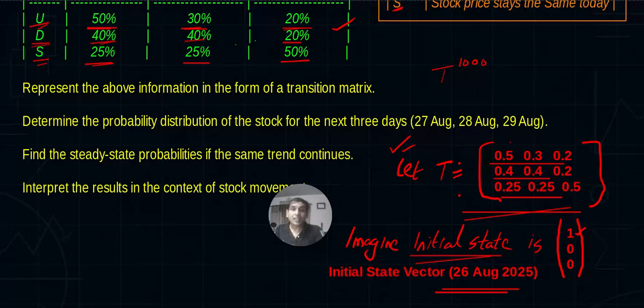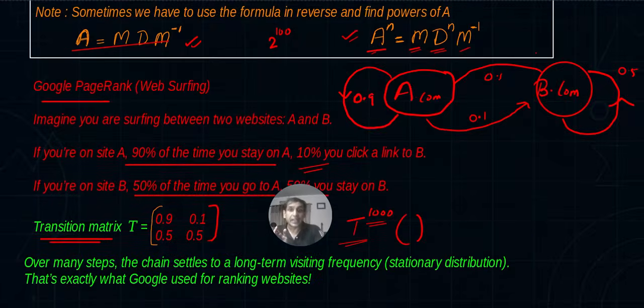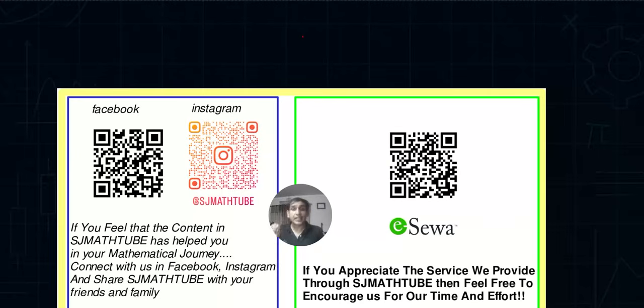Did you get the point? And when you are trying to calculate these things, our traditional method of T times T times T times T will not be good. The better method will be the diagonalization method. In the next video, we will work out problems related to 2 by 2 matrix diagonalization.